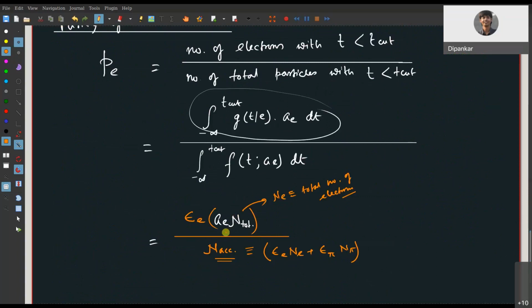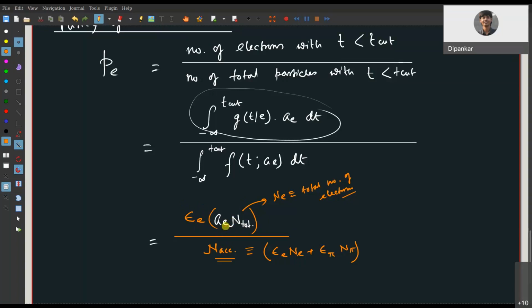And this A_E is known, and this N total is also known depending on the sources. If you know the flux of particles coming through your detector, the cosmic ray flux is known, and this N total is also known. Then the only thing that you can tune here is this epsilon_E, and these numbers you have measured from experiments.